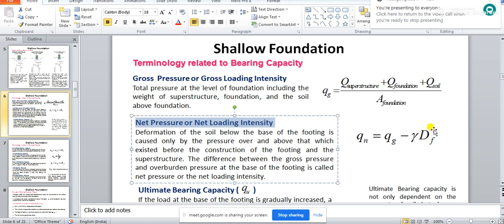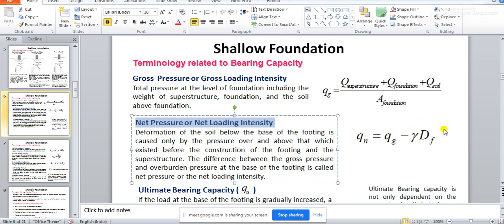What is overburden pressure? You remember from soil mechanics, overburden pressure is nothing but gamma into d, where d in this case is the depth of the foundation. The foundation at a particular depth is supporting some amount of soil which has some unit weight, that is gamma. So gamma Df will be the overburden pressure due to the soil.